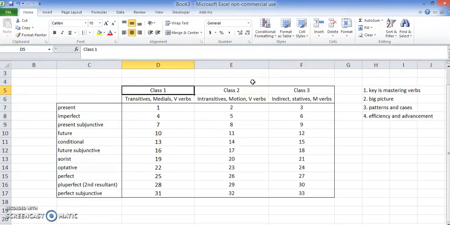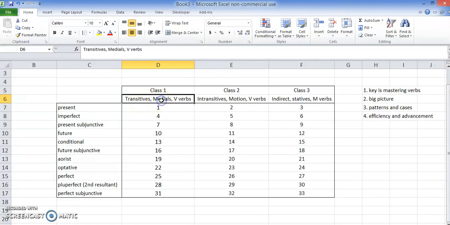Now, I've seen different authors use 3 classes, 4 classes, maybe 5. I don't know the exact proper academic groupings, but I found that this is pretty accurate and helpful. So in the first class, you have things like transitives and medials, sometimes known as V verbs. Transitives essentially are just verbs that have a direct object.